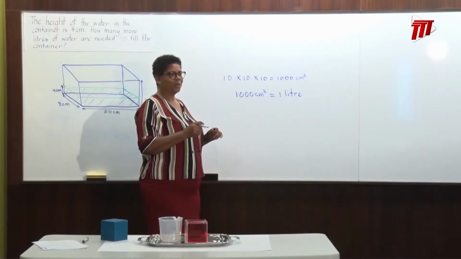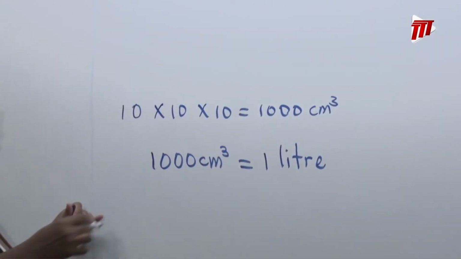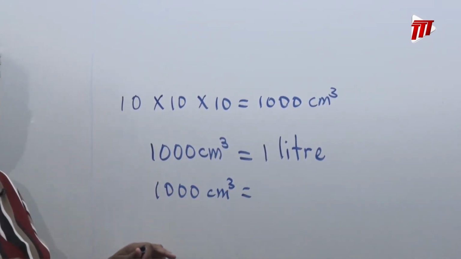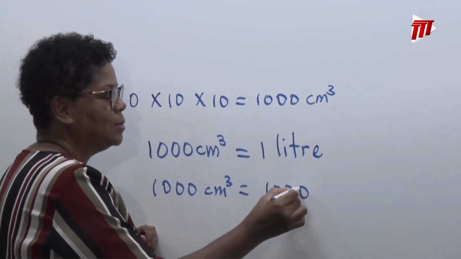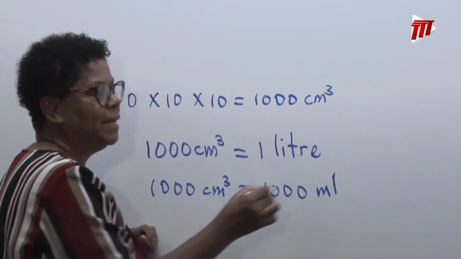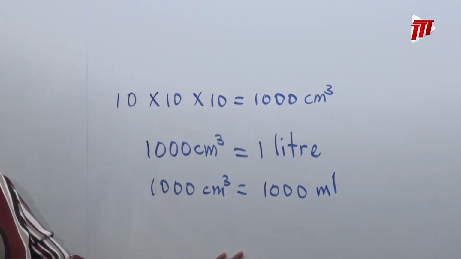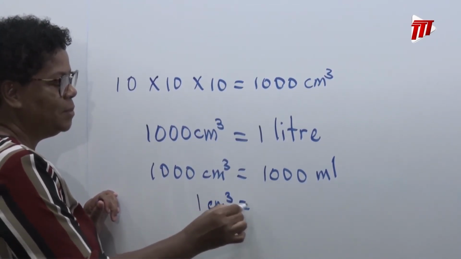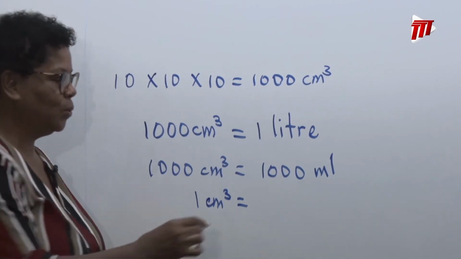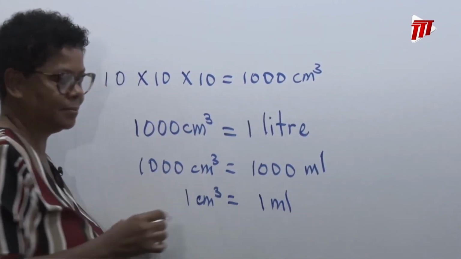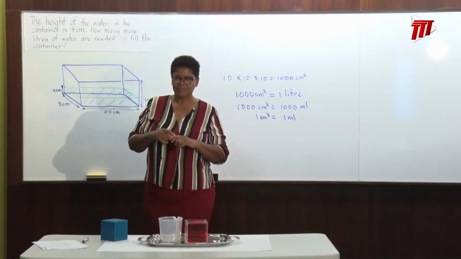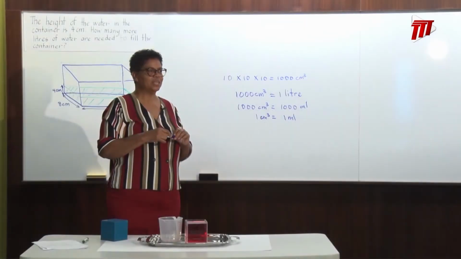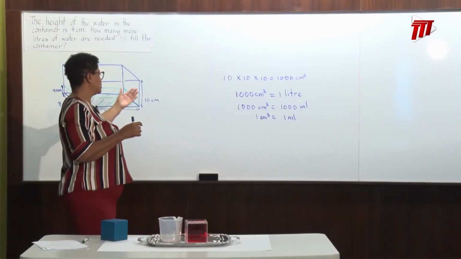And from there, we can break it down further and show that 1,000 cubic centimeters is equal to 1,000 milliliters, which also means that 1 cubic centimeter would be equal to 1 milliliter. I'm going to use this information to help solve this problem.